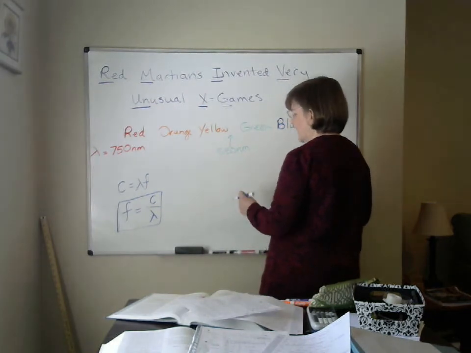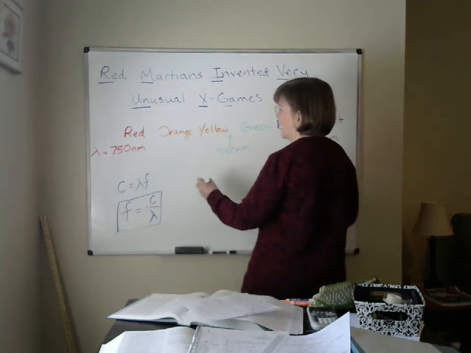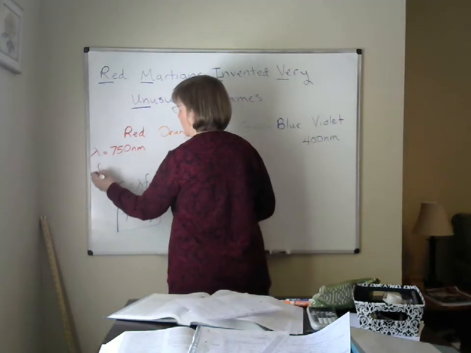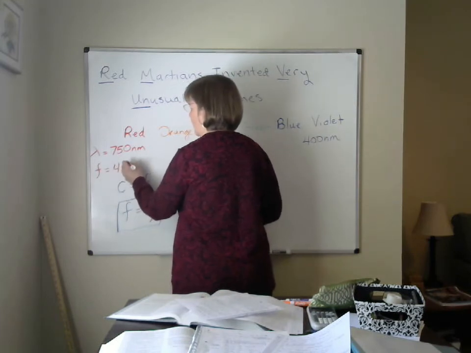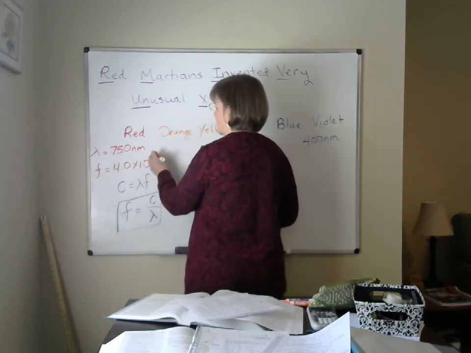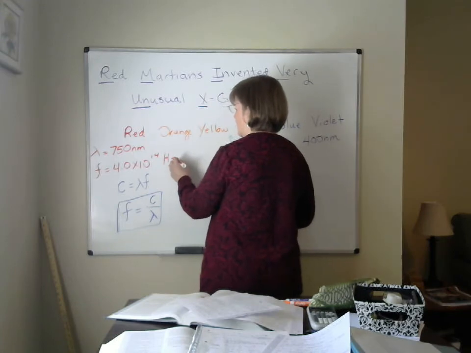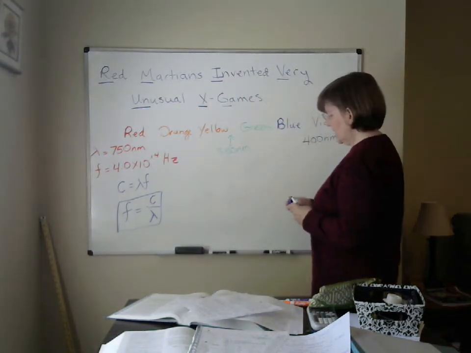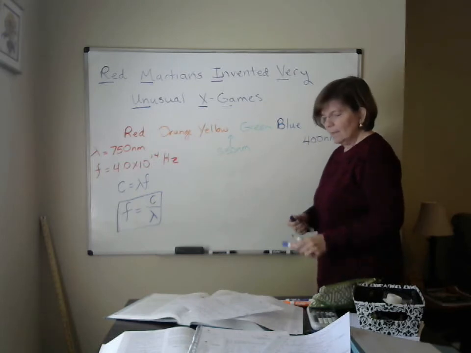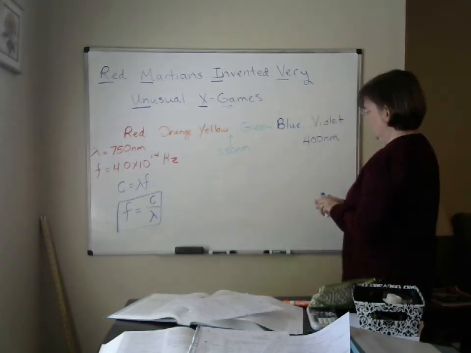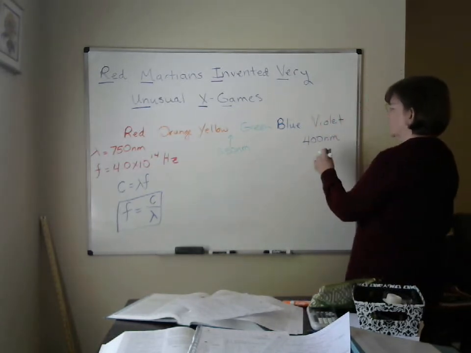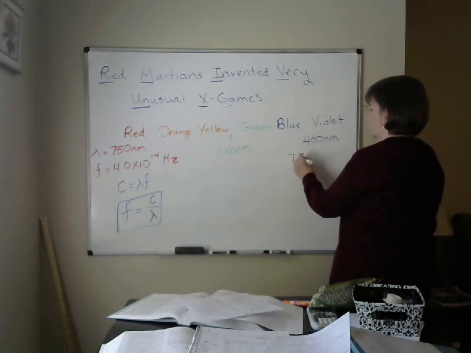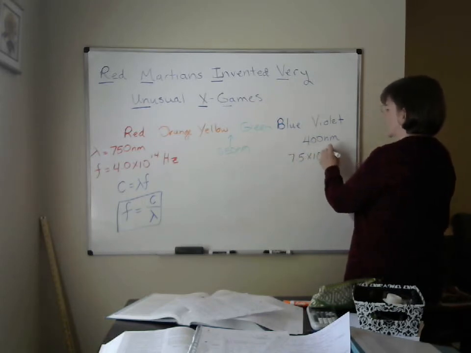If we do that, we will find that for red light, the frequency is 4.0 times 10 to the 14th hertz. And by the time we get down there to where we have violet light, our frequency is 7.5 times 10 to the 14th hertz.